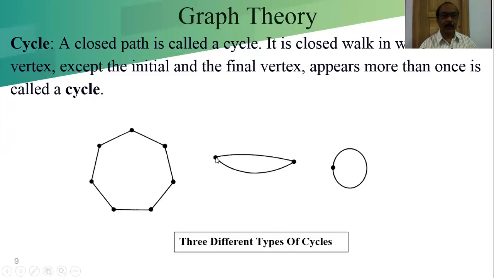So if we start from here, move this way, to this vertex, then move this way. So a closed path is called a cycle, but there are some restrictions.